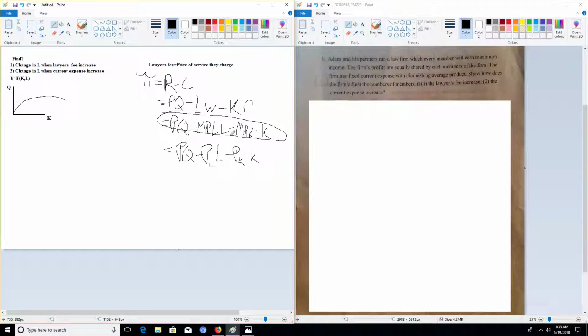Cobb-Douglas are production functions, Cobb-Douglas being Y equals A times K to the A times L to the 1 minus A. This is where MPL times labor is labor income, the marginal product of labor times labor, and MPK times capital is capital income, the marginal product of capital times capital, right?